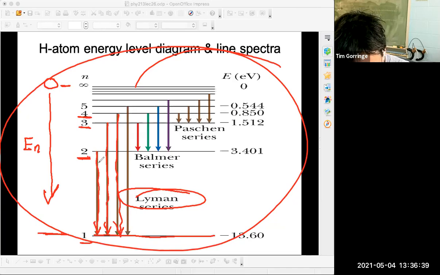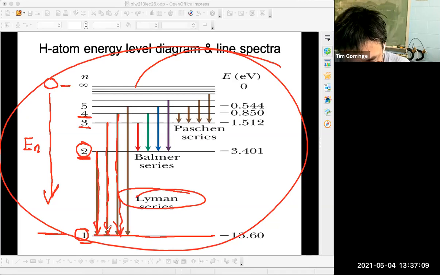This shortest line is actually the longest wavelength, the lowest frequency Lyman series line. That's from the first excited state down to the ground state, so it's a transition from n equals 2 to n equals 1. And that's the first line in the Lyman series.